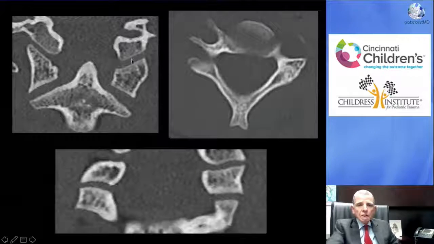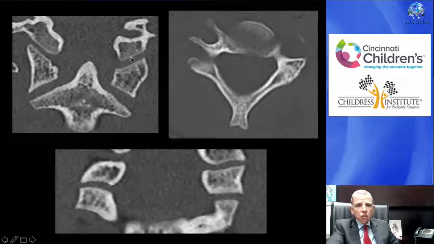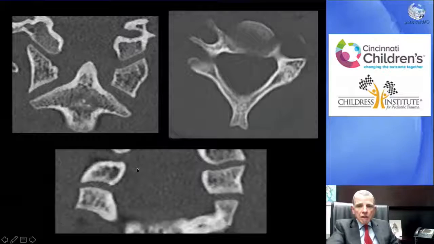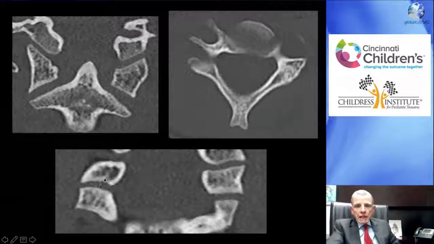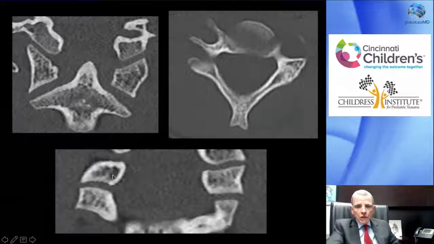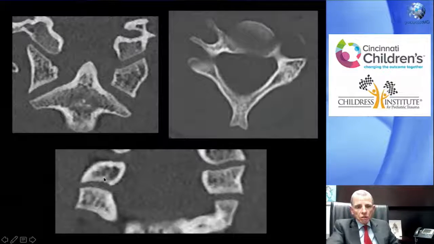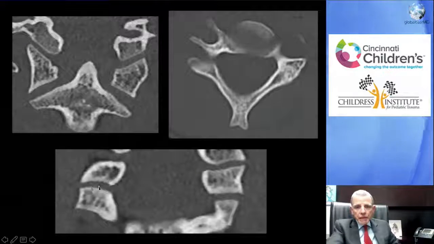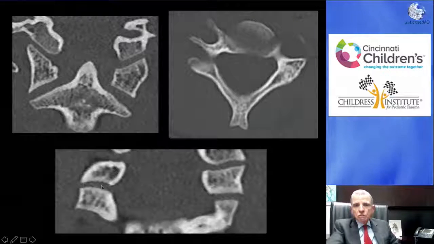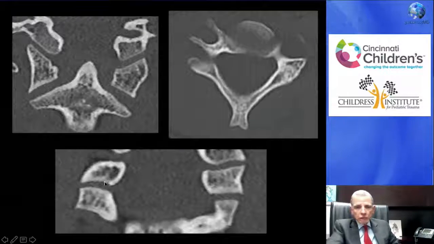This is very important in detecting soft tissue injury that is potentially a cause of instability. Fractures of the ring are easily imaged at every level, and the joint spaces between the articular pillars of the lower cervical spine can be judged very confidently on these coronal and sagittal reconstructions.